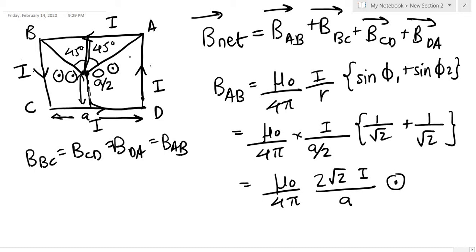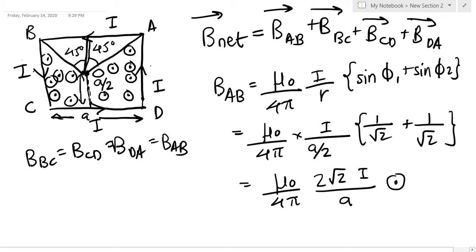Just so happens, because you can use the formula on any one side and then you'll know this holds true. Let's check for the direction. You can use the right hand thumb rule, and again the magnetic field emerges from O. Over here the same thing, the magnetic field emerges from O, due to this current carrying wire.